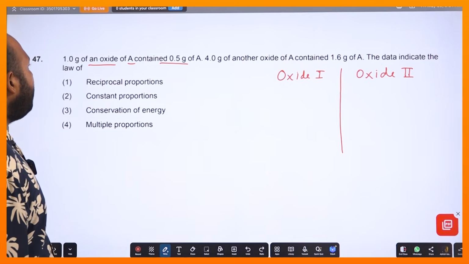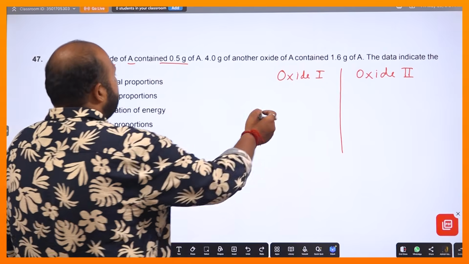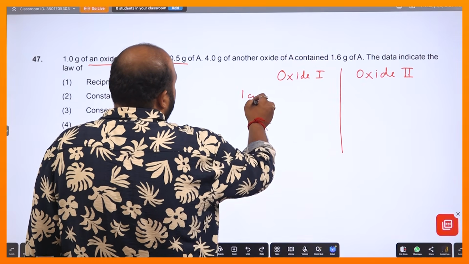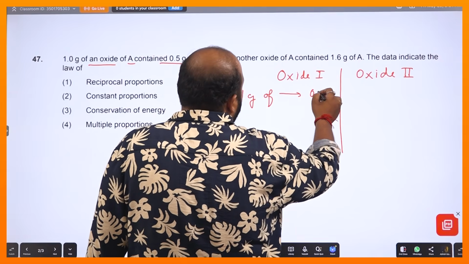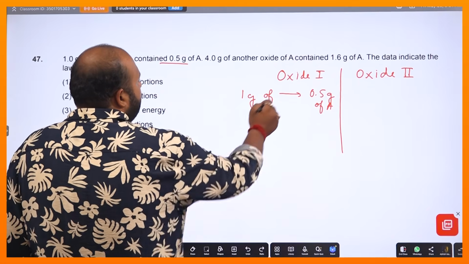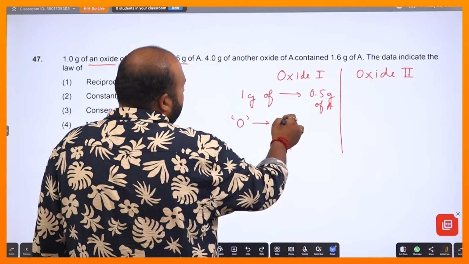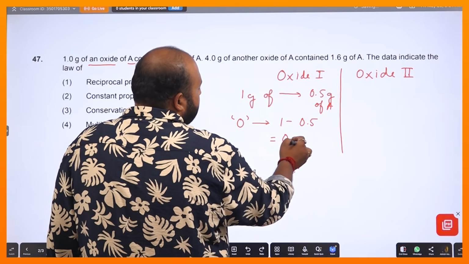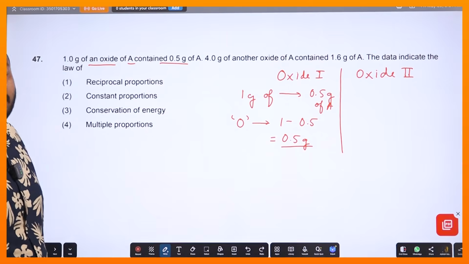So 1 gram of an oxide of A contains 0.5 gram of A. Then how much is the oxygen contained in this? So it will be 1 minus 0.5, which equals 0.5 gram of oxygen content.